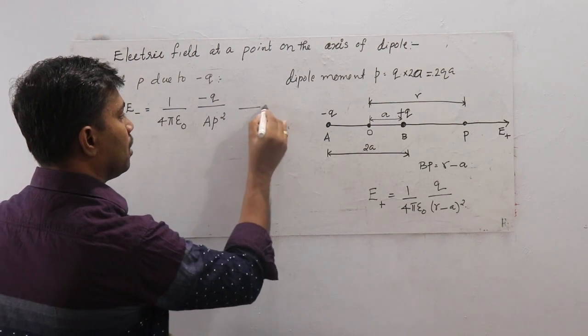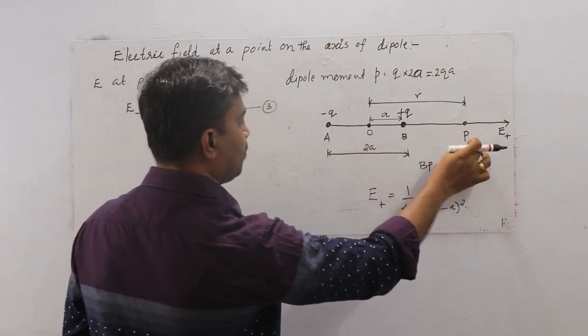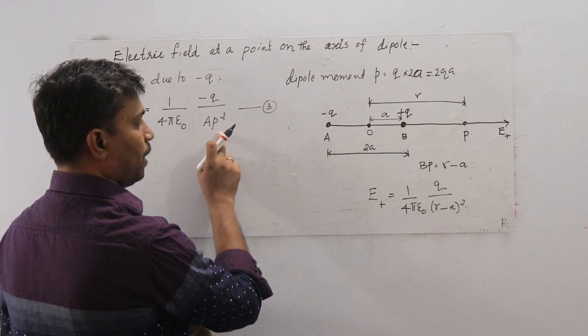The distance from the charge to the point is AP, so we take AP square.